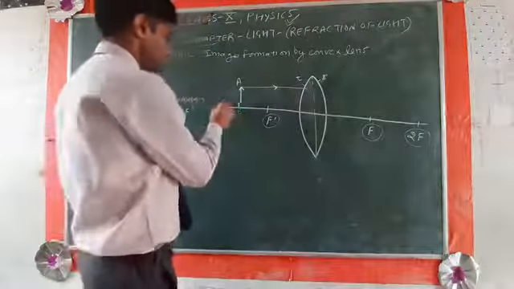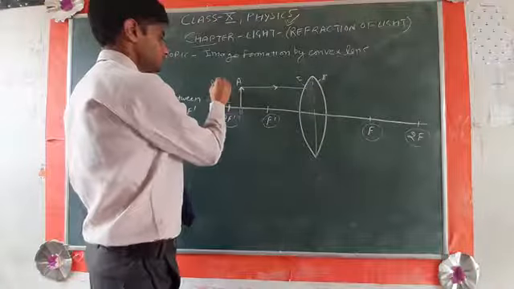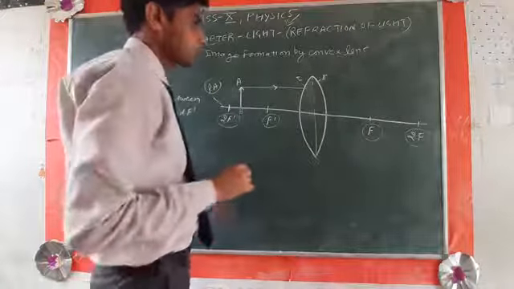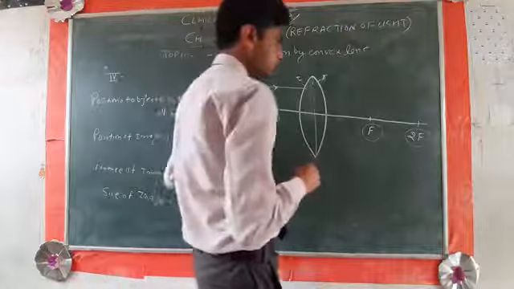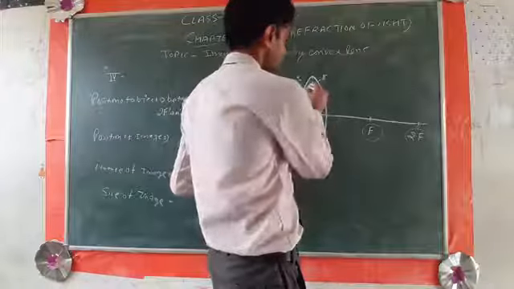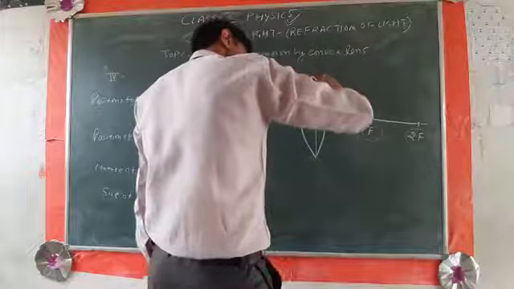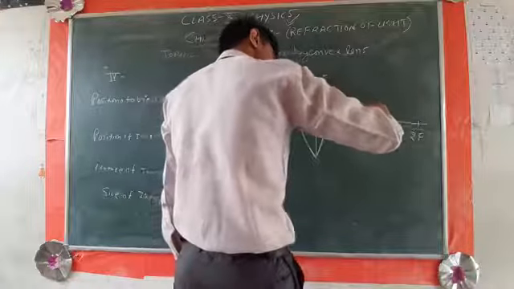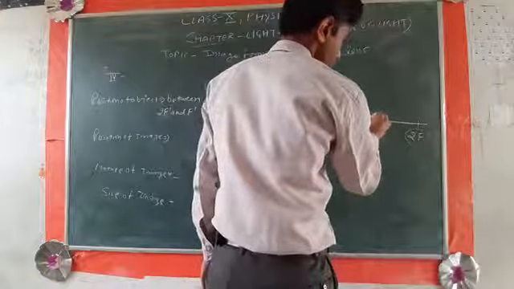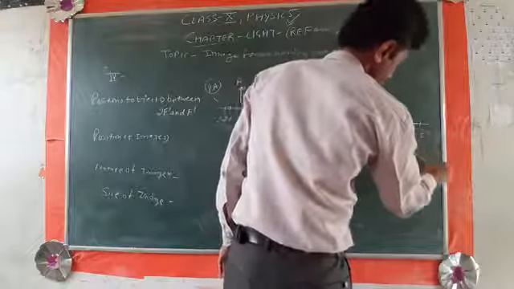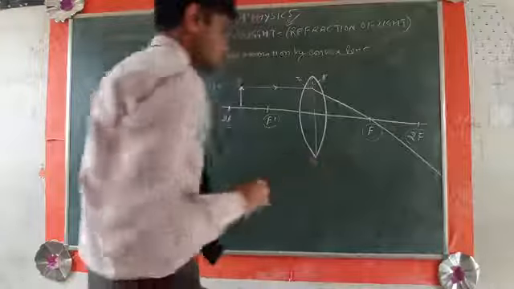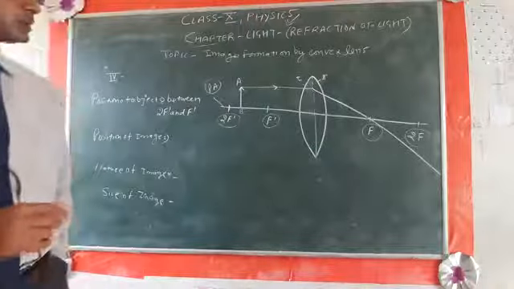As you know, this is the principal axis. After refraction, it passes through the focus point.